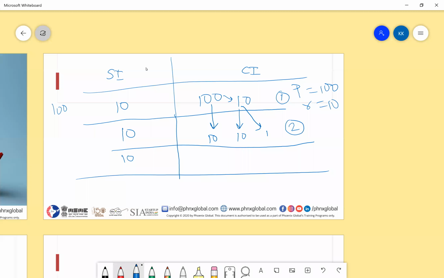Okay, all right. So from this 100, we'll get a 10. This 10 will carry forward. From this 10, we'll get the interest 1. This 1 will carry forward. And from this 1, we'll get 0.1.